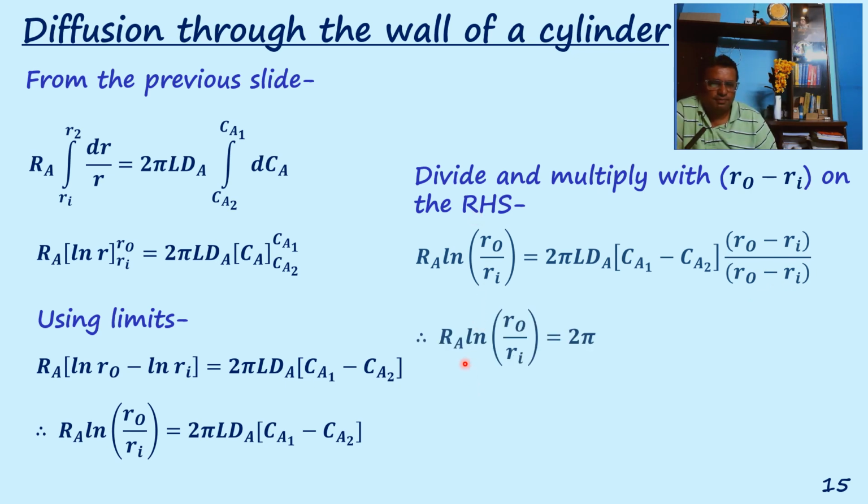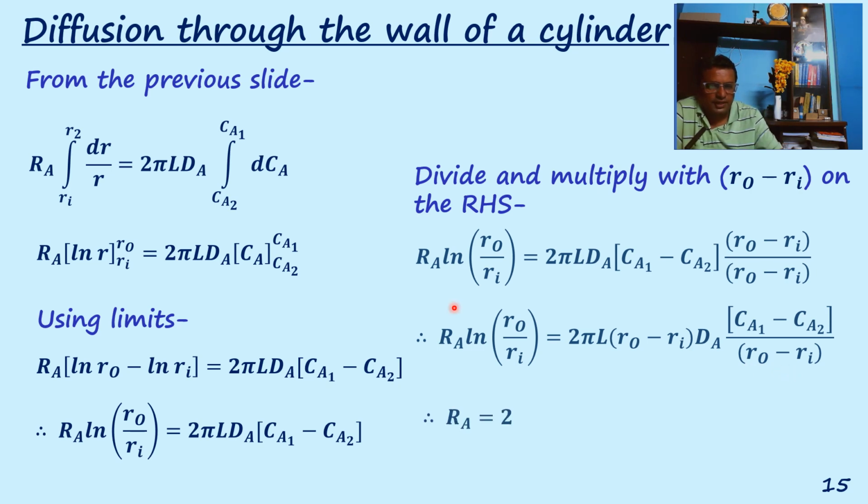So in the next step we will rearrange it, we will put it in a different form. So it will be Ra into ln of R0 upon Ri, that is equal to 2 pi L. The term with which we multiplied, I have brought over here, so it will be 2 pi L R0 minus Ri into dA Ca1 minus Ca2 upon R0 minus Ri. So in the next step I am writing it like this.